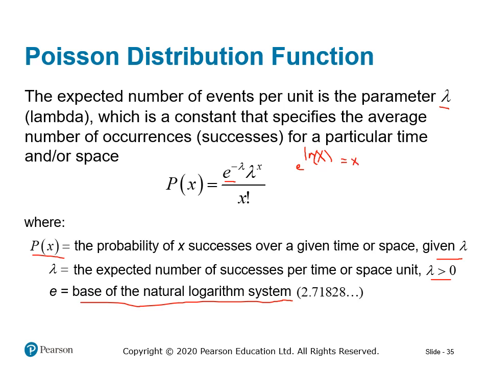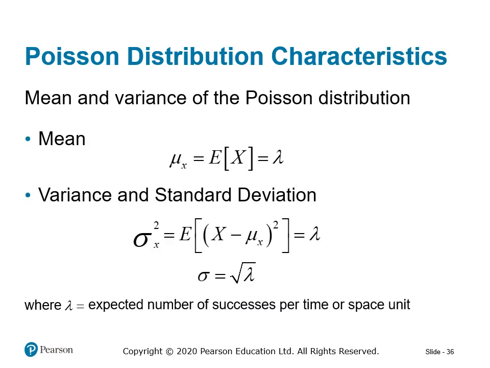Okay. So that's just something that happens in nature, the natural log. They knew about it, and Poisson figured out this distribution for discrete occurrences in the number of successes in a particular time or space, continuous.